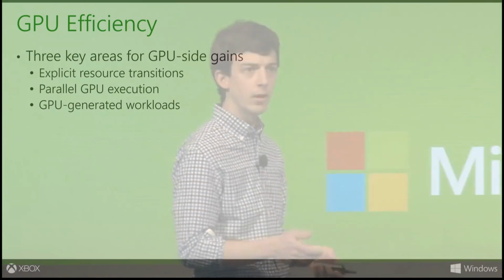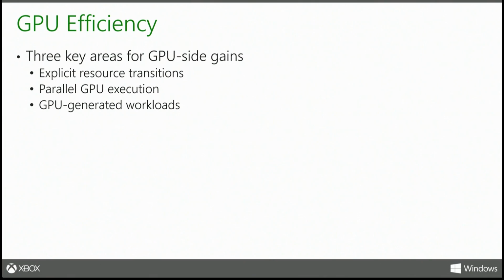So let's jump into GPU efficiency. There are three key areas that we're going to cover today for GPU efficiency on DirectX 12. The first is manual resource usage management. We'll talk about what it means to explicitly transition resources between different states and what opportunities that provides your app. We'll then go into parallel GPU execution. Modern GPUs have the ability to perform multiple tasks in parallel, and we'll talk about why that can be a really powerful use case for your game.